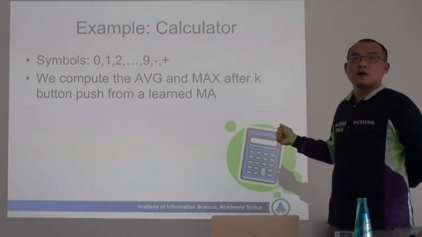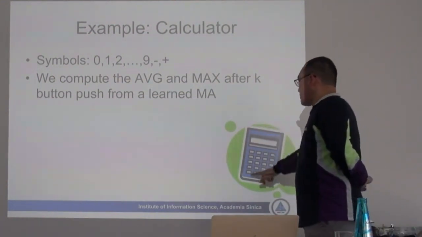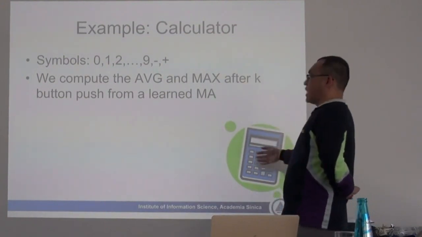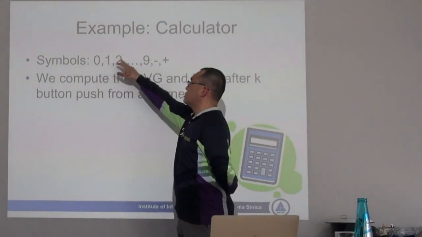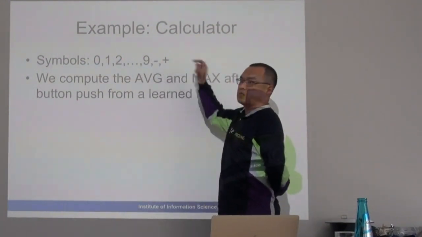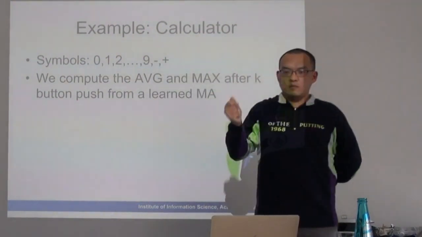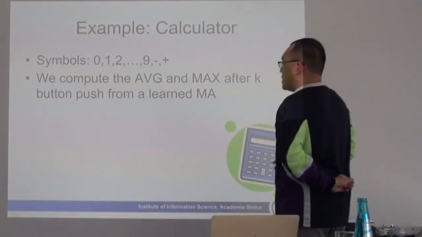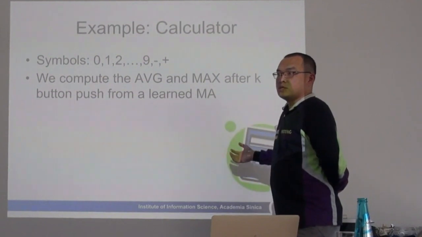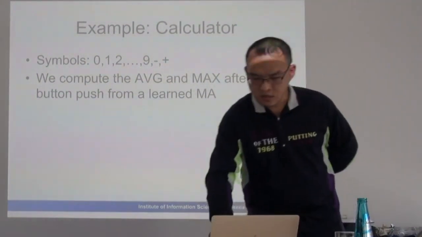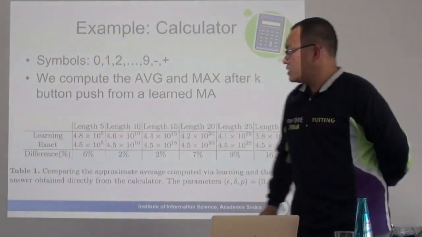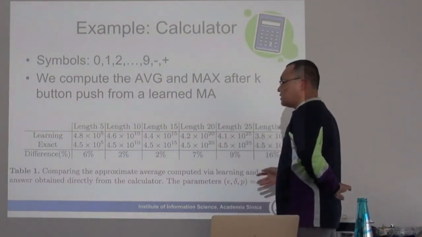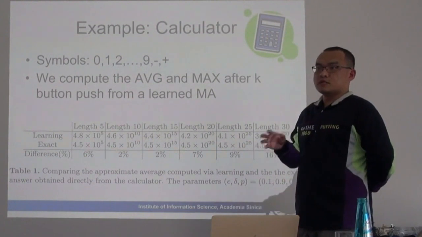For example, I can infer a model of a calculator. We have several buttons from 0 to 9 and the buttons plus and minus. From the inferred model, I want to compute the average number and maximum number after K button pushes in the calculator. I use the PAC guarantee, and I only sample words of average length 5.